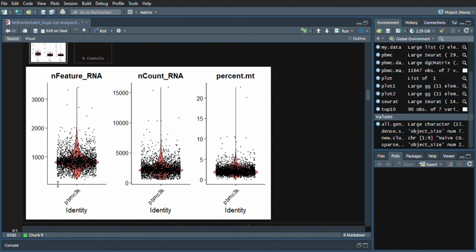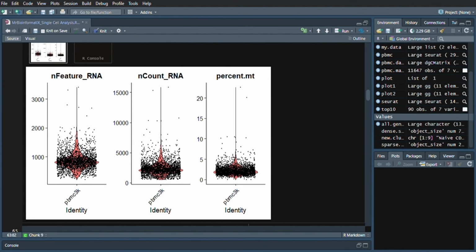And the x-axis shows the dataset name, which is PBMC3K. Each black dot on the plot represents a single cell's unique gene count.